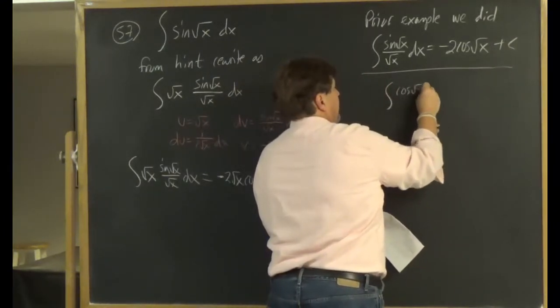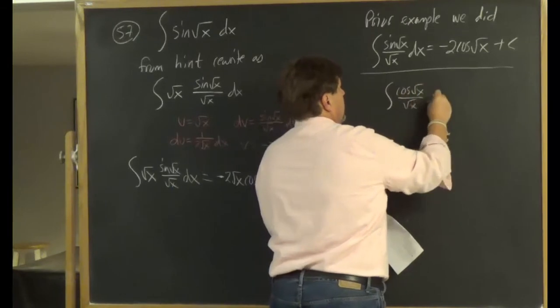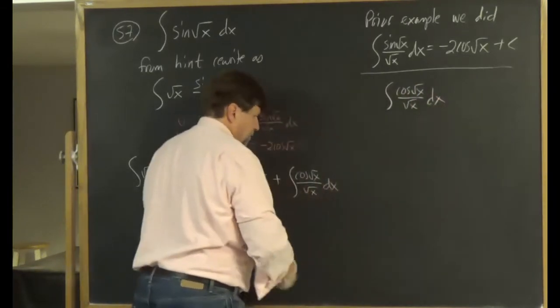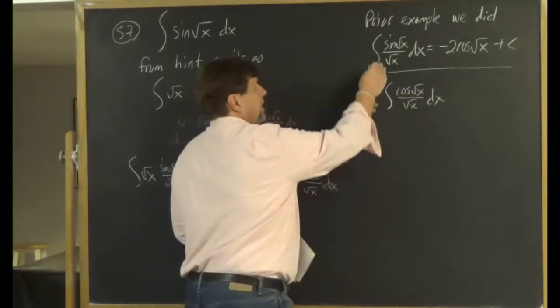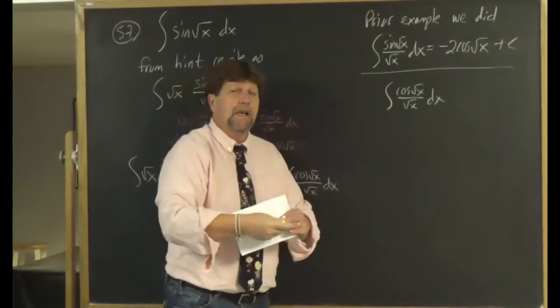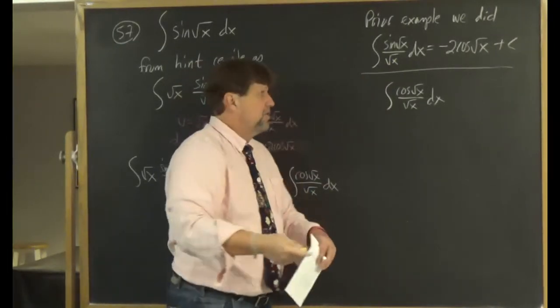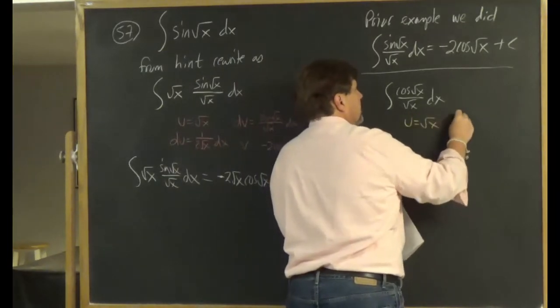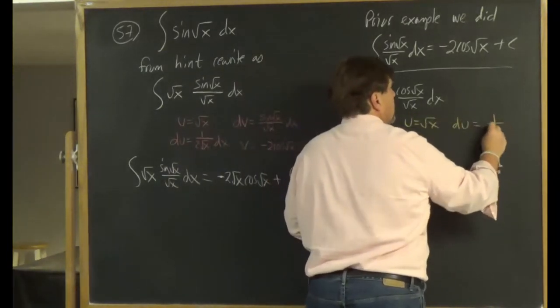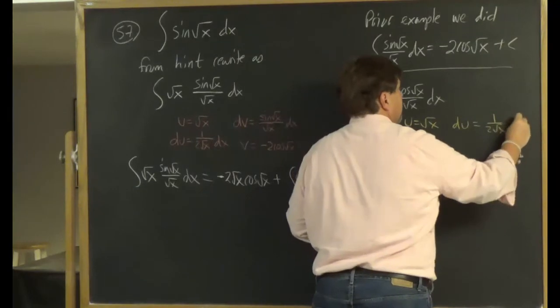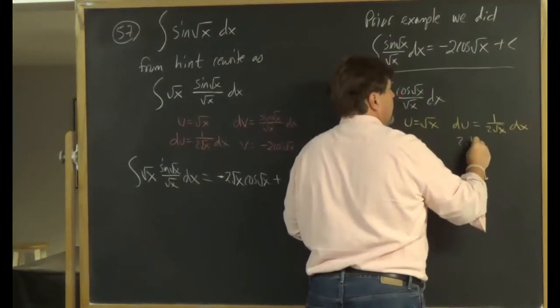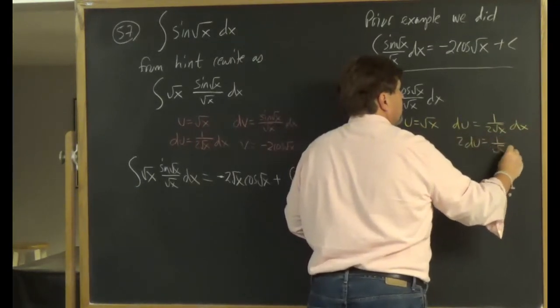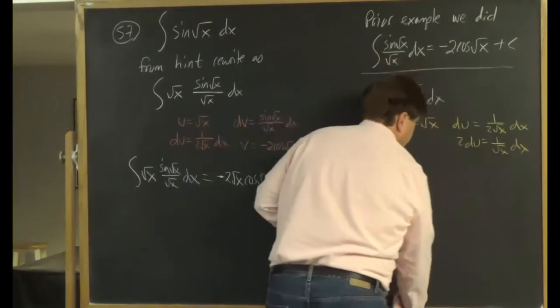I think you should see how we're going to attack that integral. It looked an awful lot like that last example we did where we did a basic u sub, where we let u equal square root x, du is 1 over 2 square root x dx, or 2 du is 1 over square root x dx.